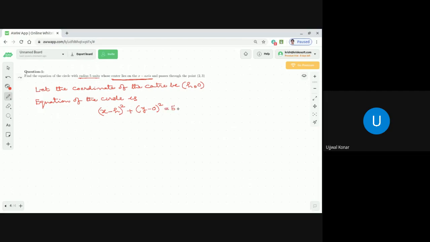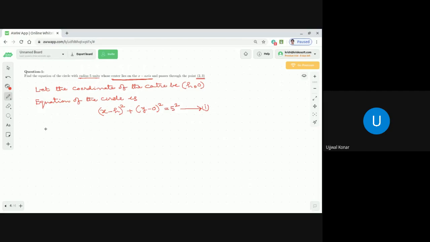Correct, my dear students? Now, according to the question, this circle passes through the point 2, 3. So if we call this equation 1, this equation must be satisfied by 2, 3. That means if we apply x equal to 2 and y equal to 3, this equation is going to be satisfied, correct or not?